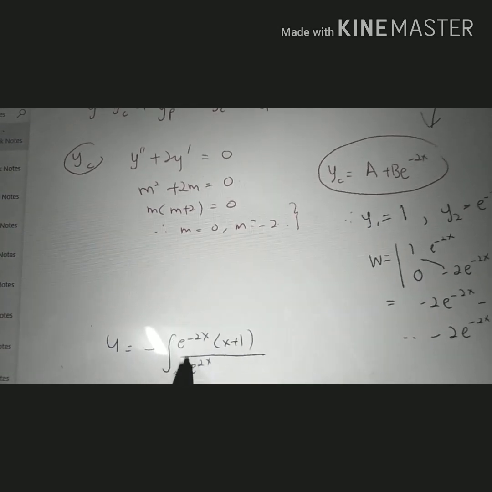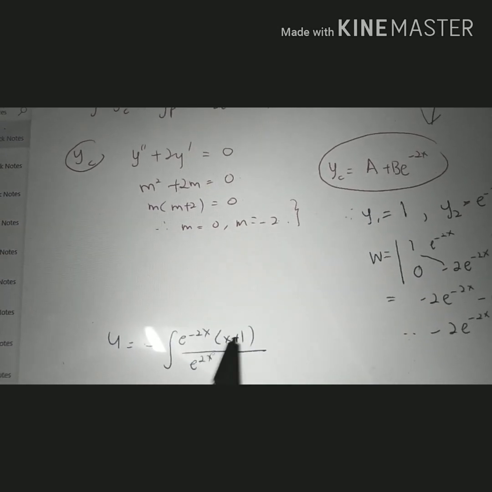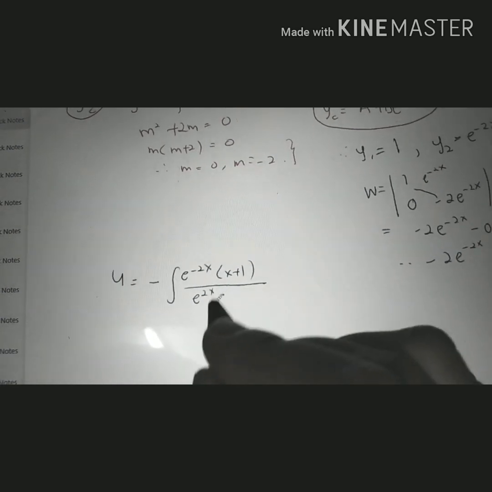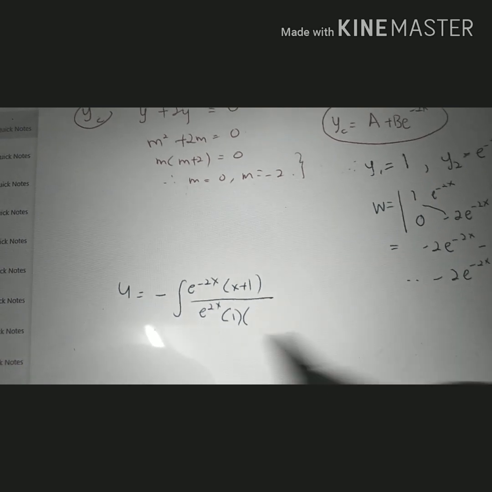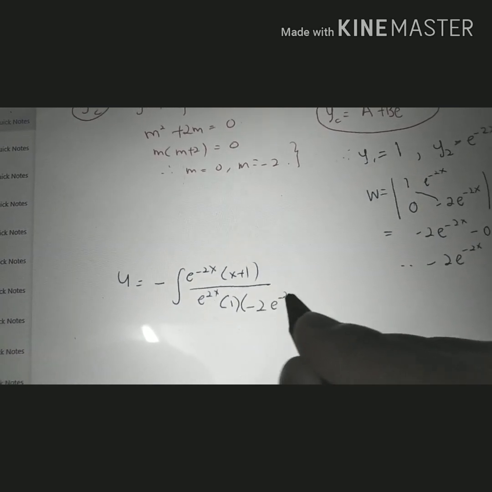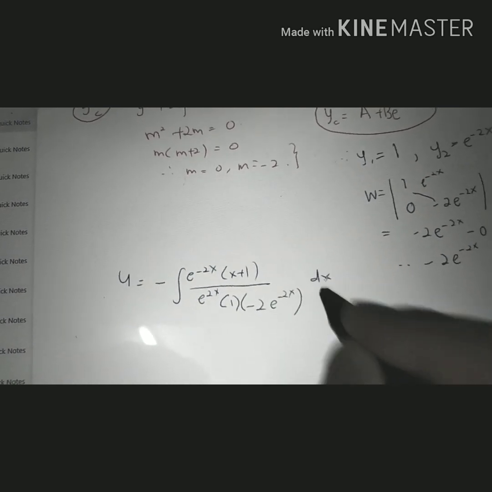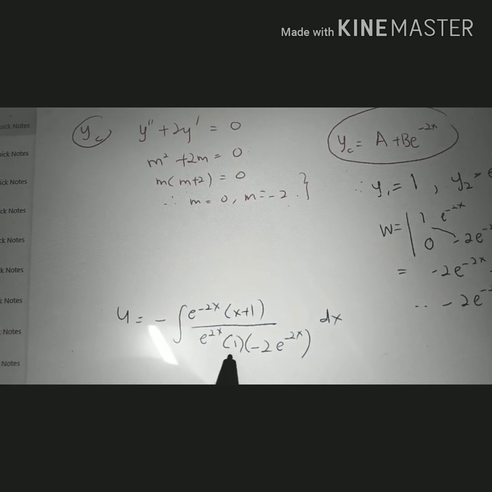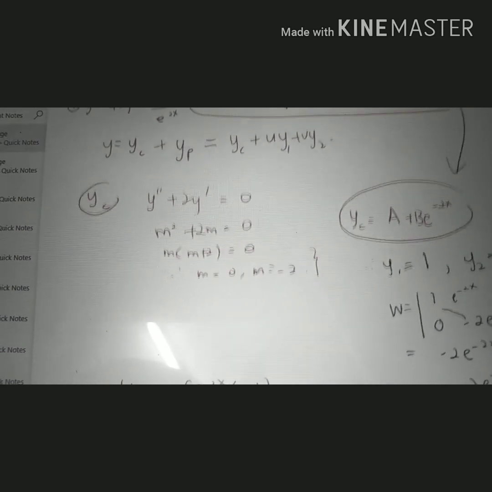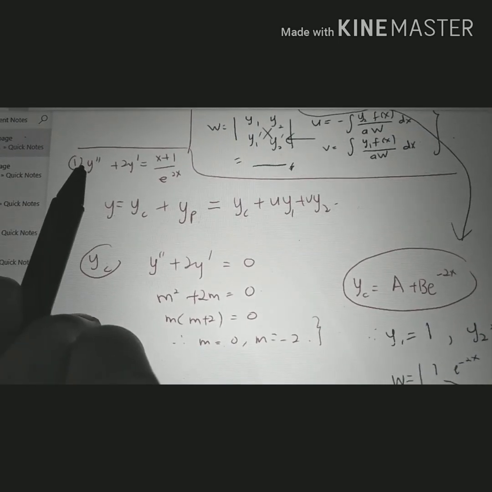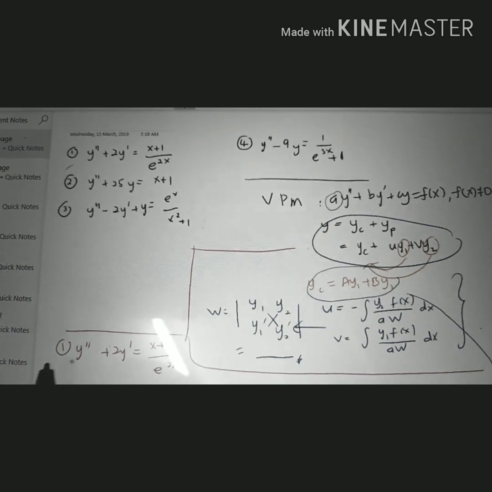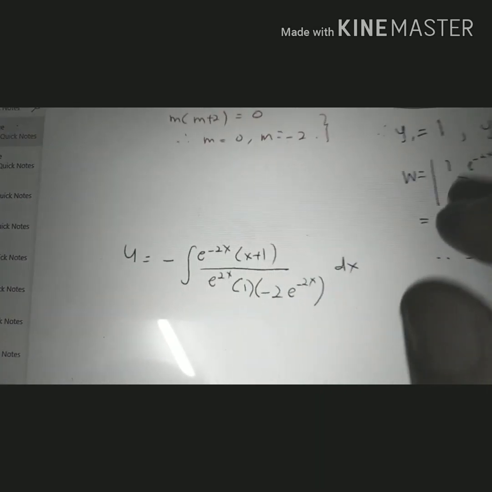Negative integral of y2 f(x) over a, which is 1, W is negative 2 e to the negative 2x, dx. You can find your a here: a is 1, coming from the a y double prime. So your a is 1.